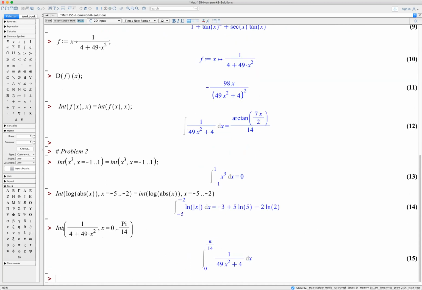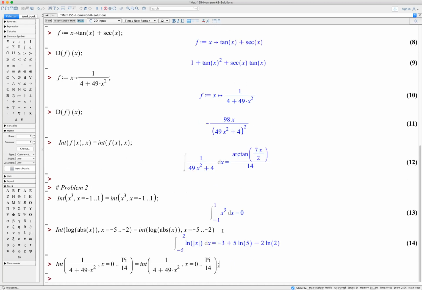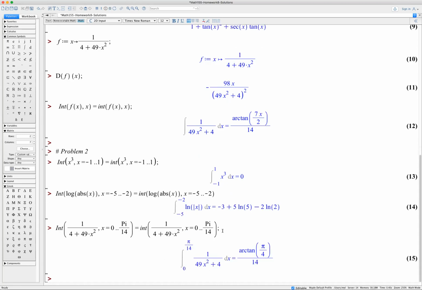Yeah, that looks right. So this is equal to the same thing, but with a lowercase i. That's what we do. Tangent. Oh, that's 4 over 14. That's problem 2.